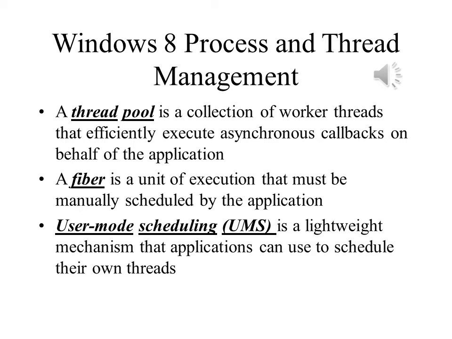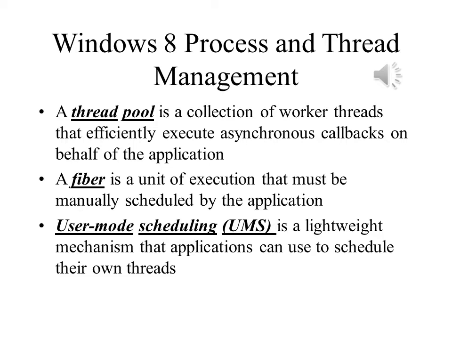However, a fiber does not have all the same information associated with it as that associated with a thread. The only state information maintained for a fiber is its stack, a subset of its registers, and the fiber data provided during fiber creation. The saved registers are the set of registers typically preserved across a function call.